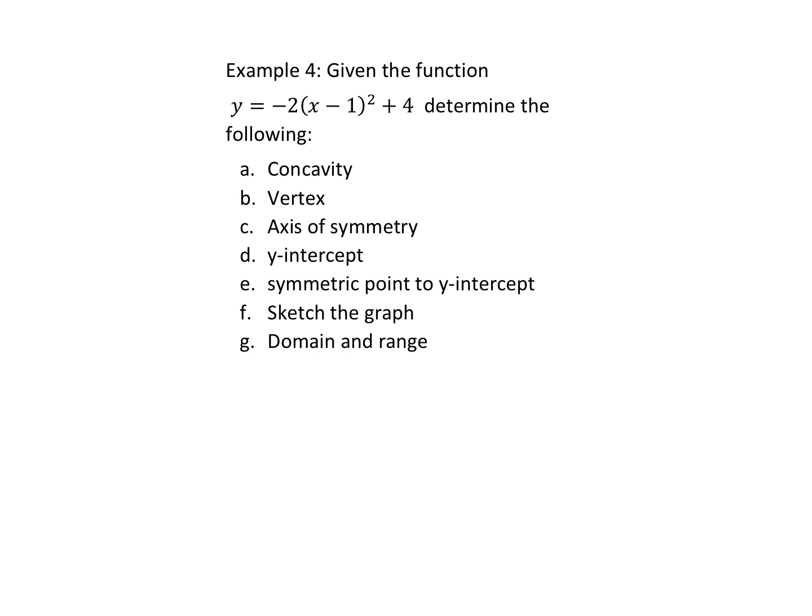All right, let's do one more. So this time we have a -2, which means it's going to turn down. Again, it's in vertex form. So the vertex is going to be 1, 4. The axis of symmetry, so let's start to sketch this.